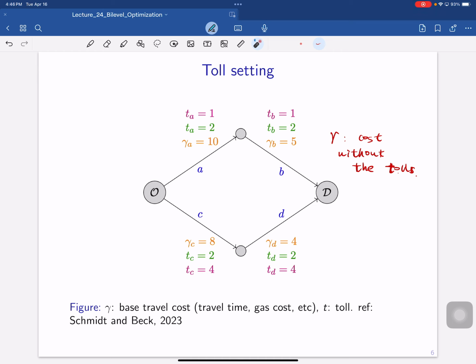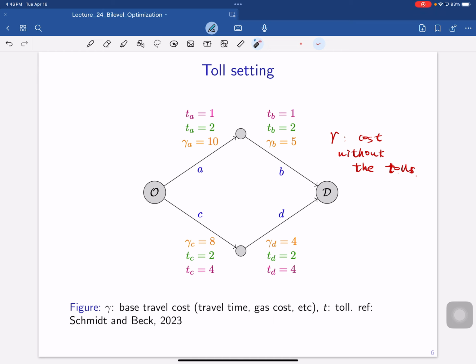So those are the costs without the tolls. And then the toll setting agency will set a toll for each edge in this graph. Let's assume in this case the tolls are denoted in green here. We will see, when you set the tolls differently, how the travelers will travel.